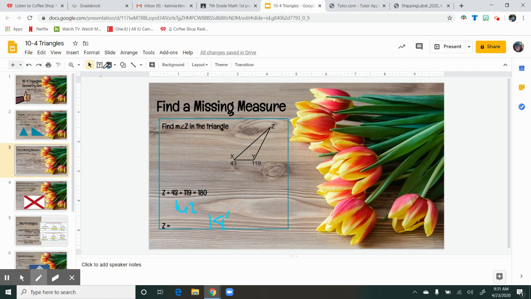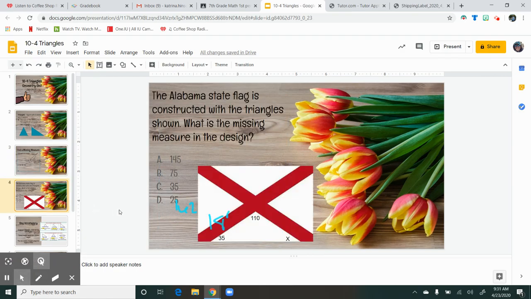And then looking at the next slide, I have a multiple choice question that's kind of the same thing that you guys just did. It says the Alabama state flag is constructed with the triangle shown. What is the missing measure in the design? So again, they're going to add up to 180. I have 110 and 35, and I need to find this missing side.